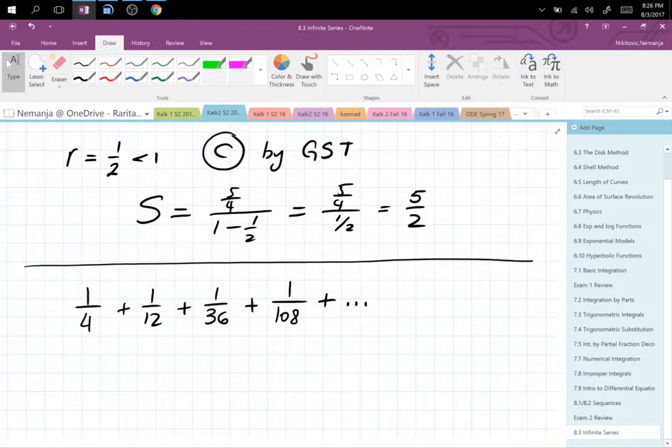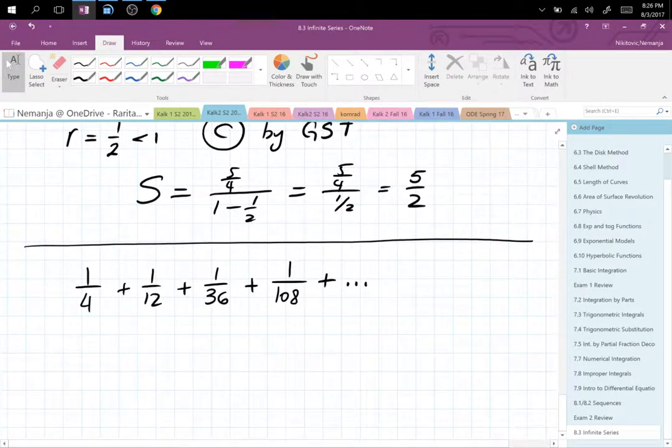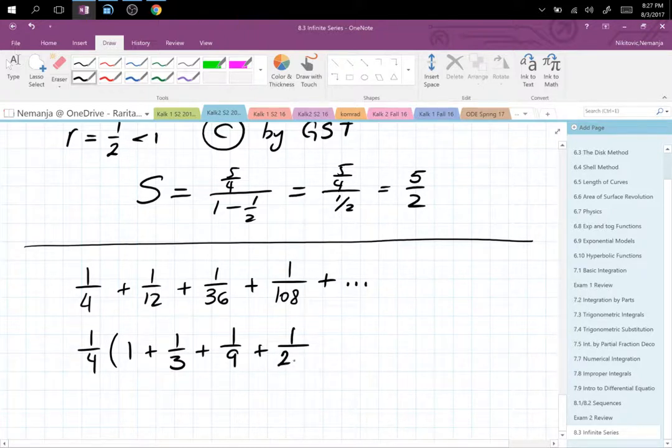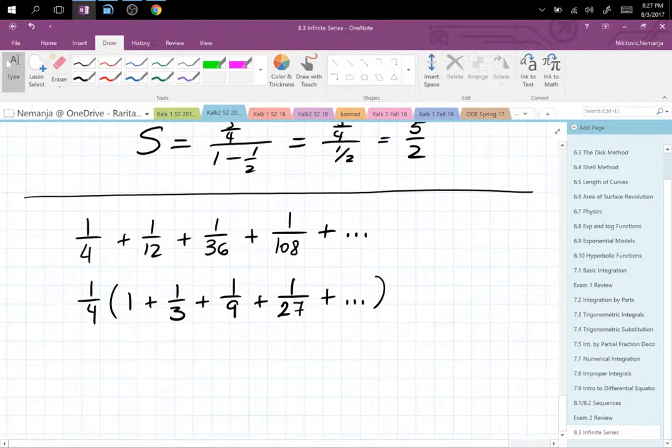Can we factor out anything out of all of these? 1/4. Okay, so start there. We factor out 1/4. We get 1 plus 1/3 plus 1/9 plus 1 over, is that 27? So now you can call the first one 1/1, right?